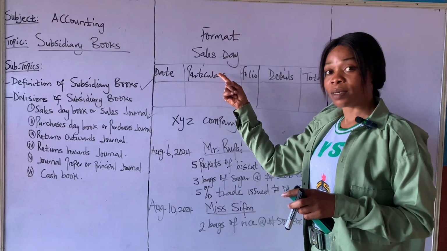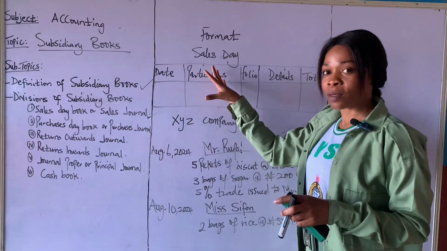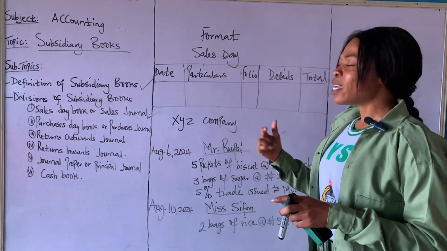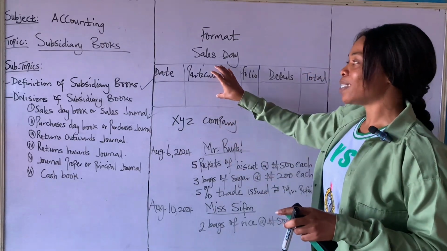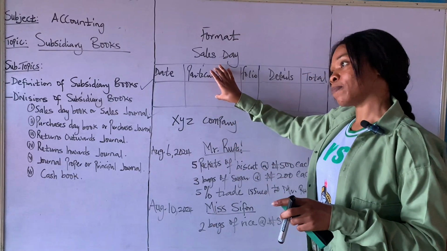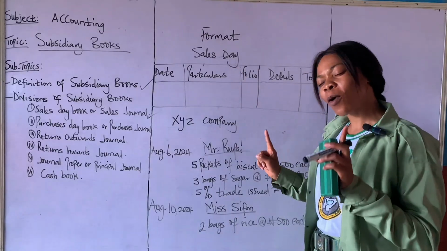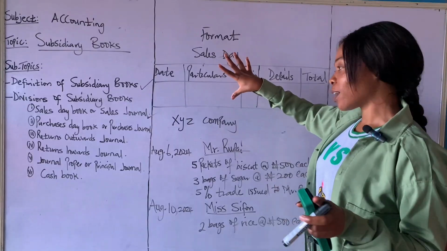You don't have to record it here. Only credit sales will be recorded under the sales day book. And any sales of fixed assets will not be recorded here. Remember that sales day book does not follow the law of double entry principle. Are we together? So note that fact, very, very important.